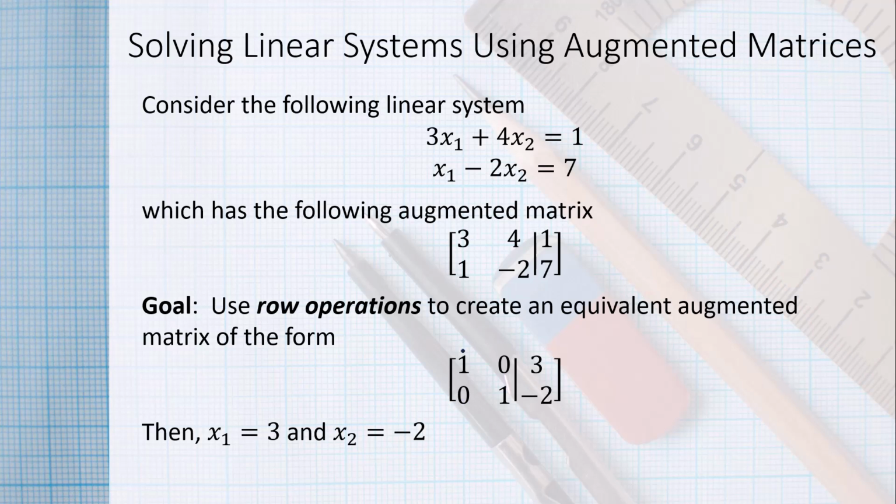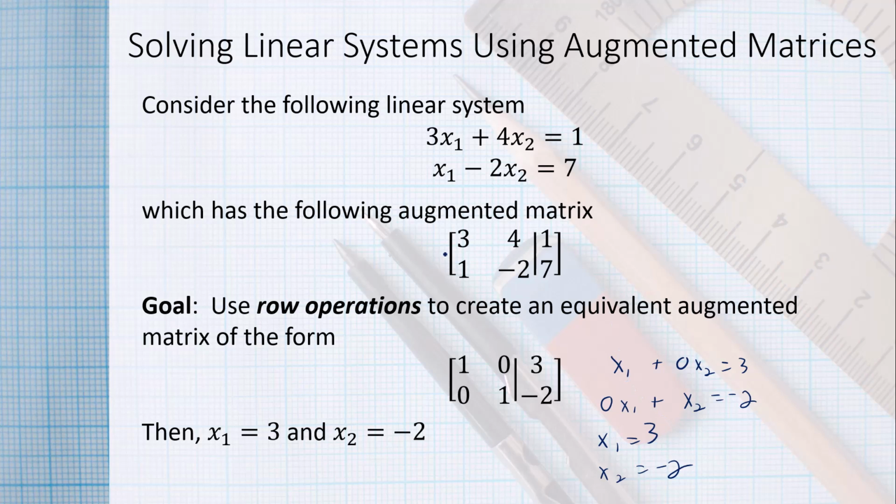If I took this augmented matrix and wrote the associated equation, which you need to be comfortable doing to be successful in this part of the course, we would have 1 times x1 plus 0 times x2 is equal to 3, and 0 times x1 plus x2 is equal to negative 2. You can look at this and immediately deduce that x1 is equal to 3 and x2 is equal to negative 2.